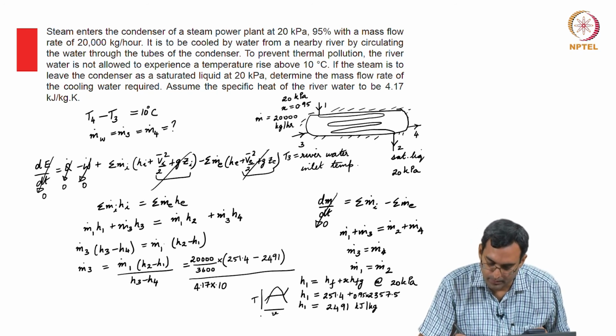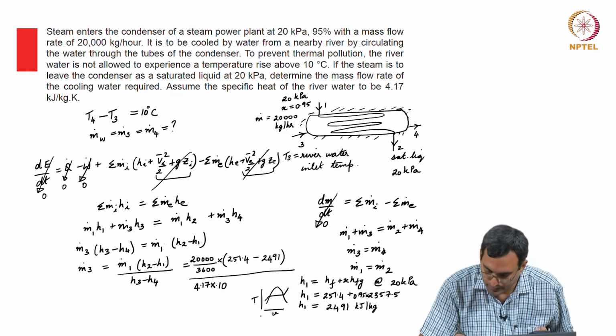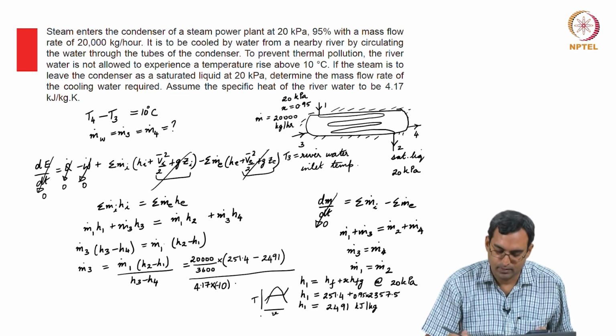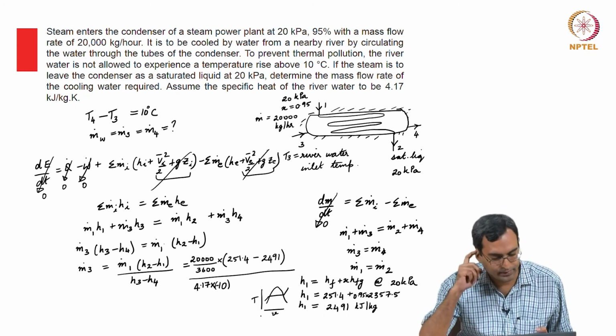This is actually Cp times T 3 minus T 4, which is minus 10. So, this term is negative and that term is negative, and the negative signs get cancelled.